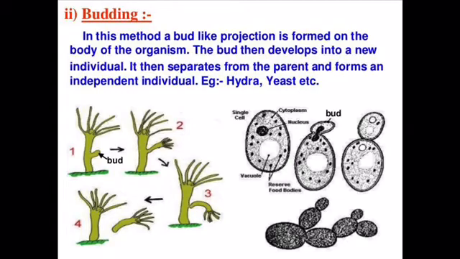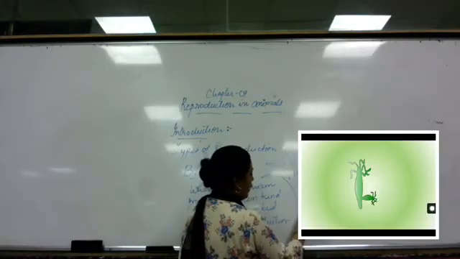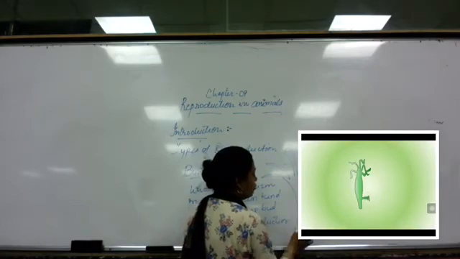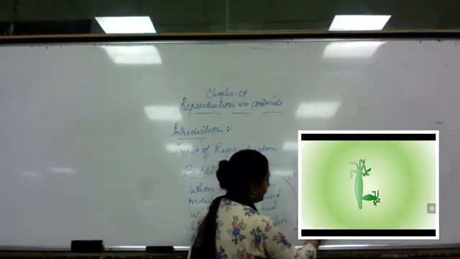In Hydra, these are tentacles. You can see the tentacles also. And on the parent's body, you can see one outgrowth which is called a bud.